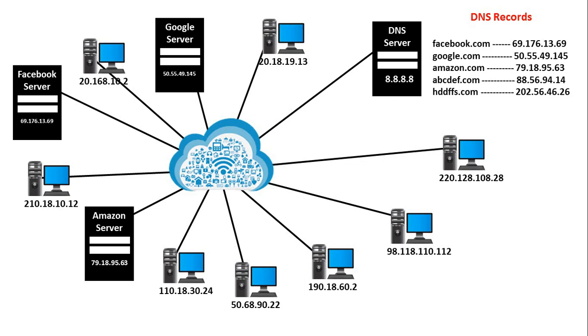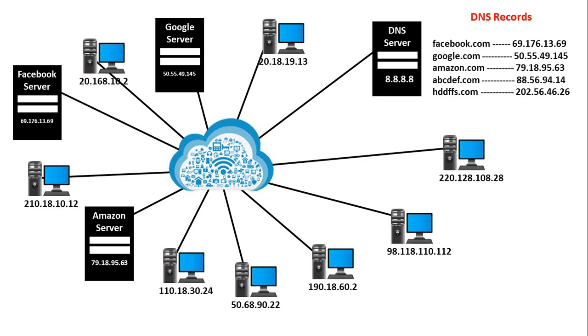So what we do actually, we first send our request to the DNS server, and the DNS server sends us the reply. In our browser we type, let's say, facebook.com.